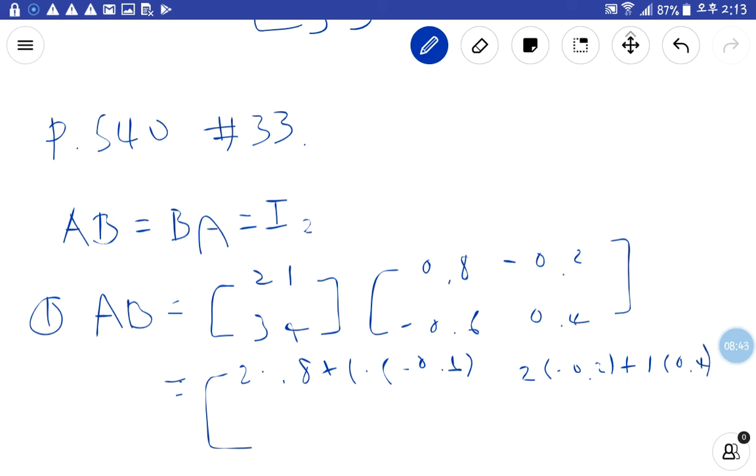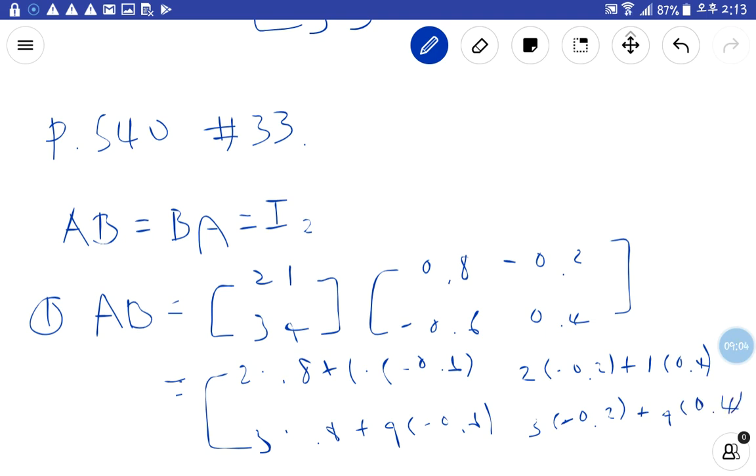Now my second, 3 times 0.8 plus 4 times negative 0.6. And then 3 times negative 0.2 plus 4 times 0.4.